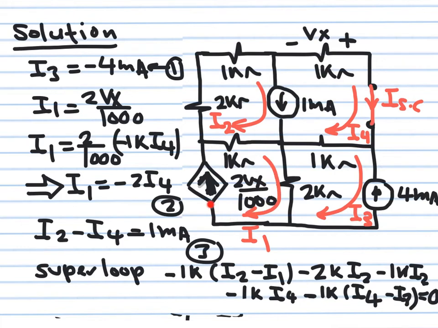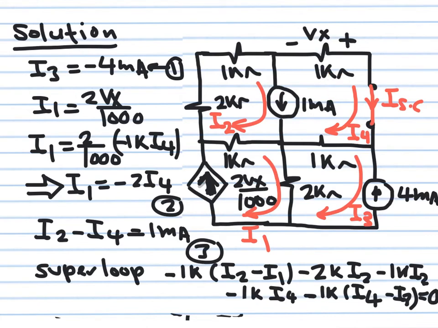The current I1 here is the same as this current, which is 2Vx over 1K. But what is Vx? You have to get rid of Vx and write it in terms of your currents, because you are doing loop analysis. This Vx here, as you can see, is this drop. Because I4 is flowing in the clockwise direction, Vx is minus 1K multiplying I4.